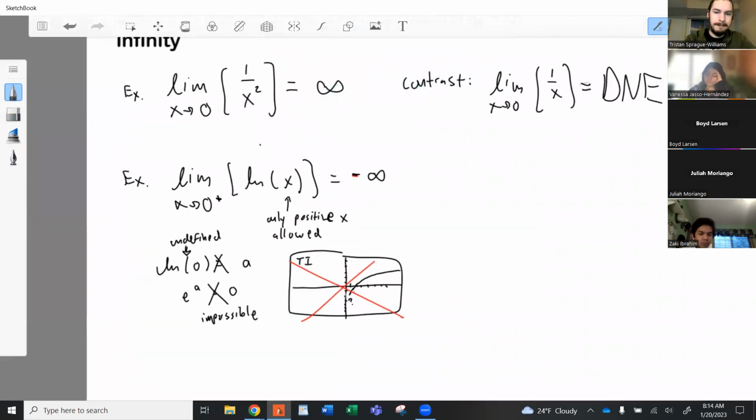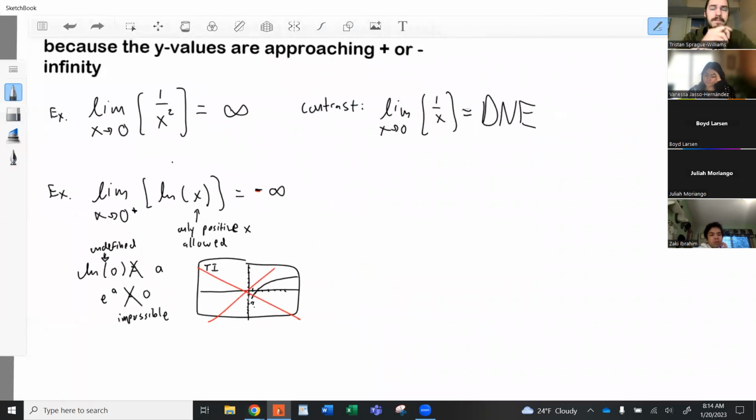Okay. There are lots of other examples. When you studied rational functions, you learned that if the denominator is equal to 0 at some x value, but the numerator is not, then you have a vertical asymptote.